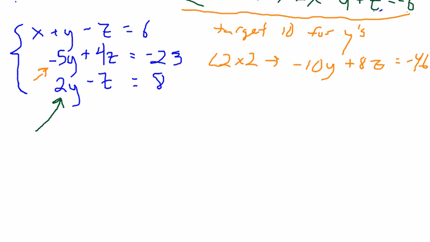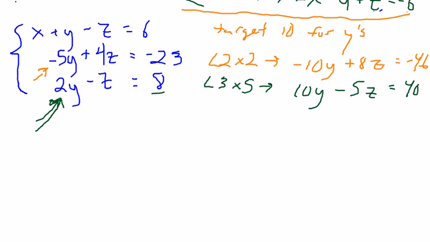It's currently a 2y, so I need to multiply it by 5. So I'm going to do line 3 times 5. That gives me 10y minus 5z is equal to, multiplying by 5, 5 times 8 is 40.